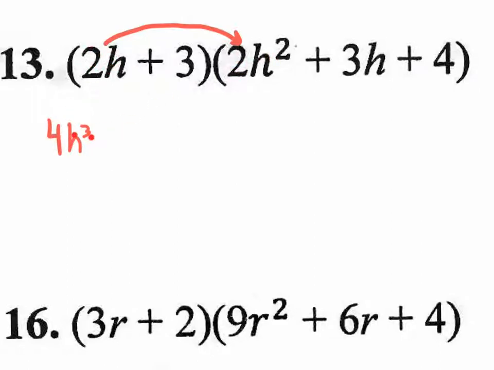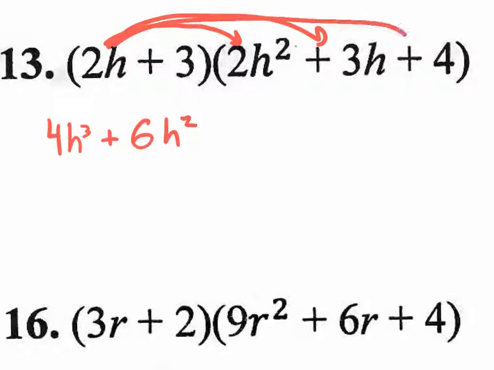H times h squared is h to the third. Now let's continue distributing. 2h times 3h, that is positive 6h what? What is h times h? H squared. Okay, and last but not least, let's go 2h times 4. What do I get? Plus 8h.